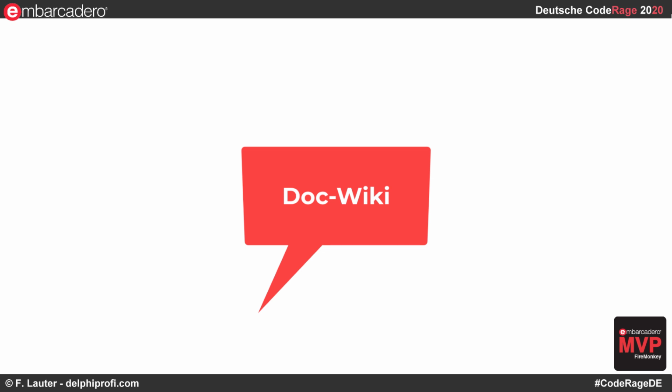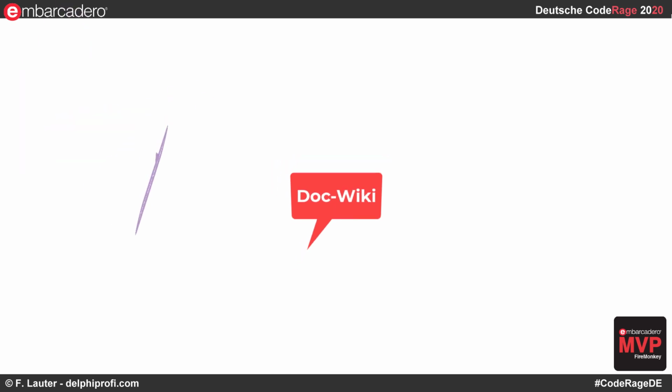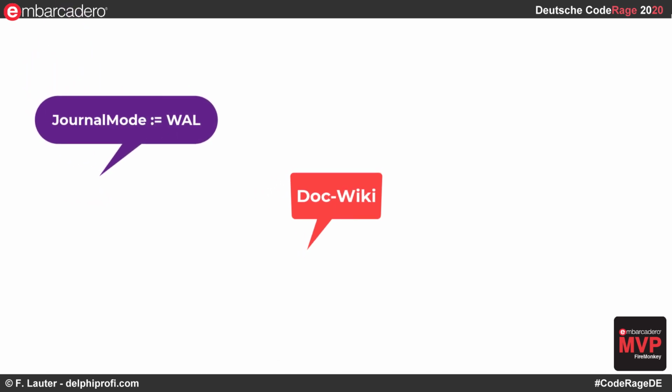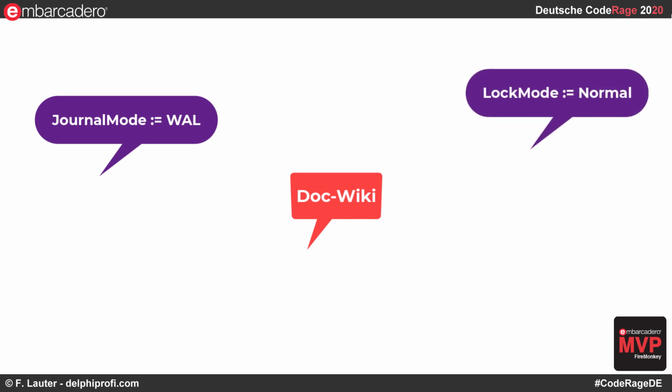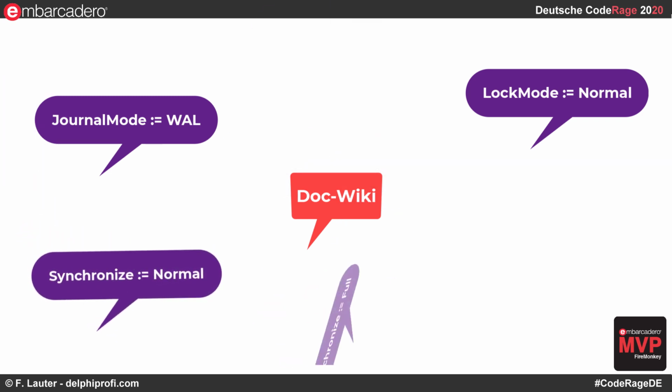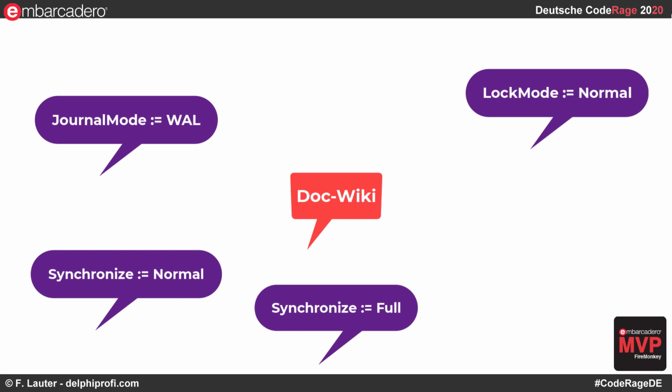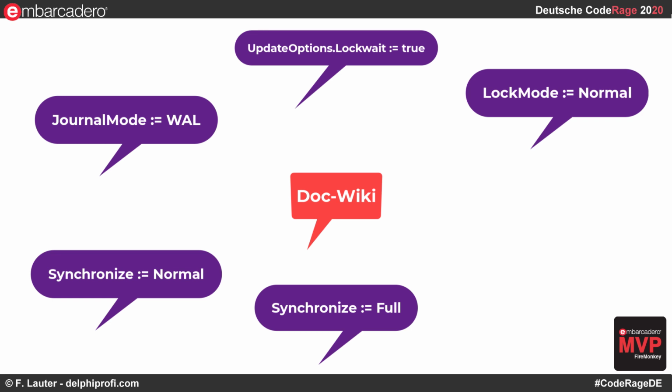So let's have a look at the doc wiki. Here we find: exclusive update of DBs, set journal mode to WAL if necessary; few simultaneous update processes, set locking mode to normal, and it enables shared DB access. Set synchronize to normal or full to make transferred data visible to others. Whatever that means. Set UpdateOptions.LockWait to true to enable waiting for locks.